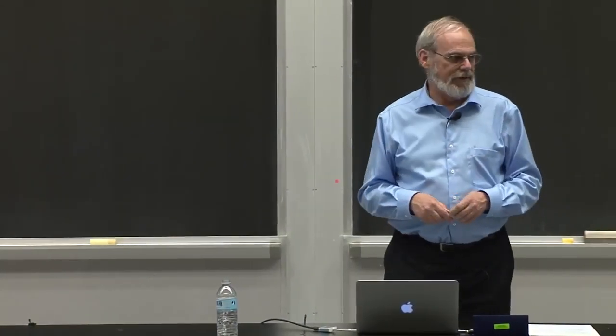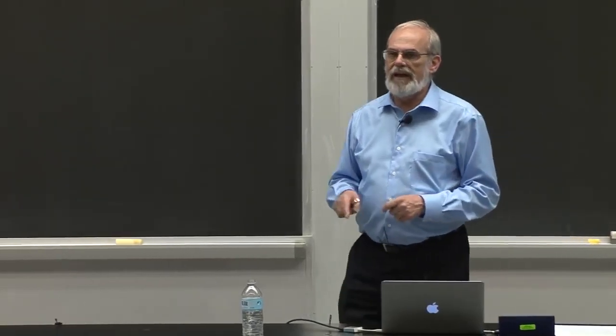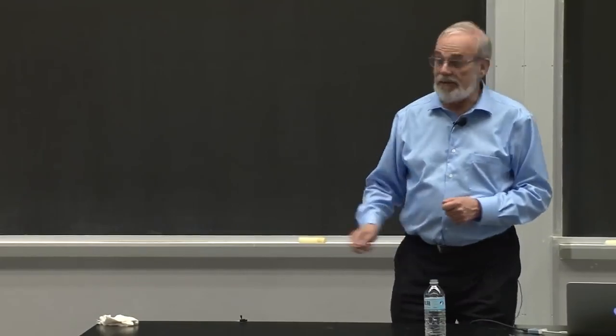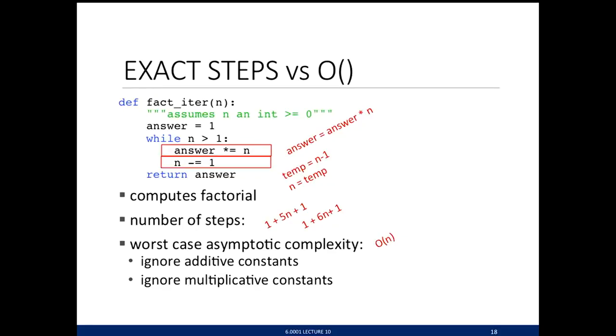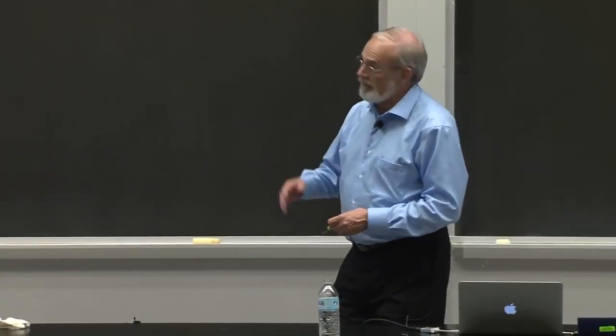That's not quite doubling, and you're right. But remember, we really care about this in the asymptotic case. When n gets really big, those extra little pieces don't matter. And so what we're going to do is we're going to ignore the additive constants, and we're going to ignore the multiplicative constants when we talk about orders of growth. So what does O of n measure?